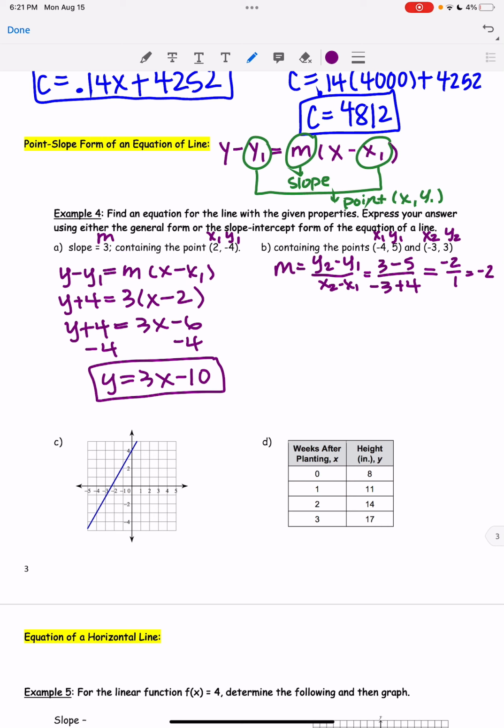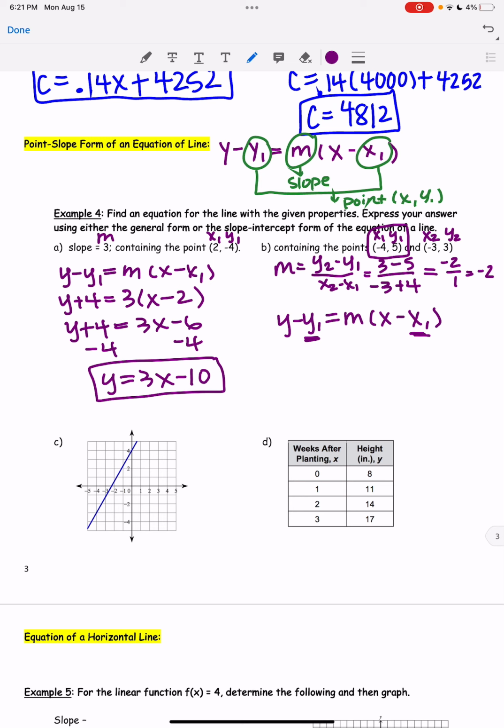Now I have a point, and now I have a slope. Now I can use my point-slope formula. So y minus y1 equals m times x minus x1. Not only do I have 1 point, I have 2 points. I am personally going to use x1, y1 because that's how my formula is labeled.